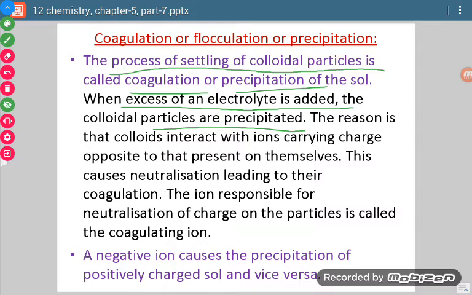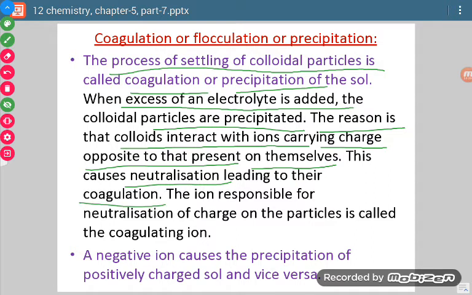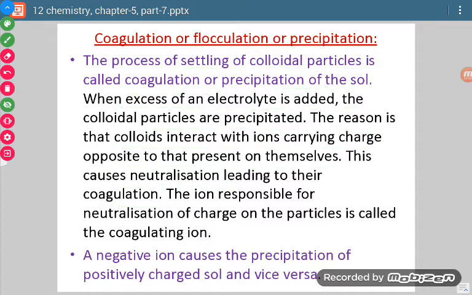Now why are colloidal particles precipitated? Because of the addition of electrolyte. What is the reason? The reason is that colloids interact with ions carrying charge opposite to that present on themselves. This causes neutralization, leading to coagulation.